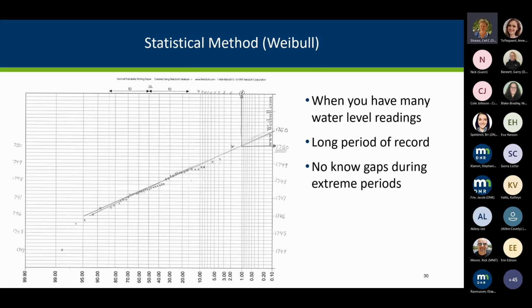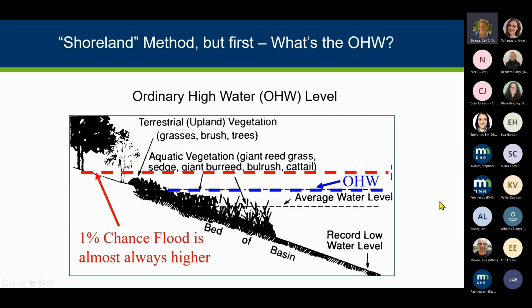And then they take the highest level for each year of record and plot it on this graph paper here, which is in the log format there. And they do a best fit there, and then look at the 1% annual chance elevation based on those past historical readings. And another method that actually gets used fairly often in Minnesota is something that's called the Shoreland method.